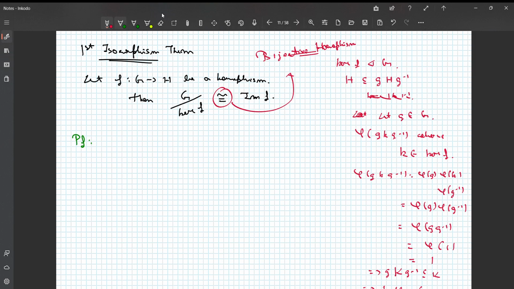Okay. What we do is we have G mod kernel of F isomorphic to image space of F. That is what actually we need to prove, right?